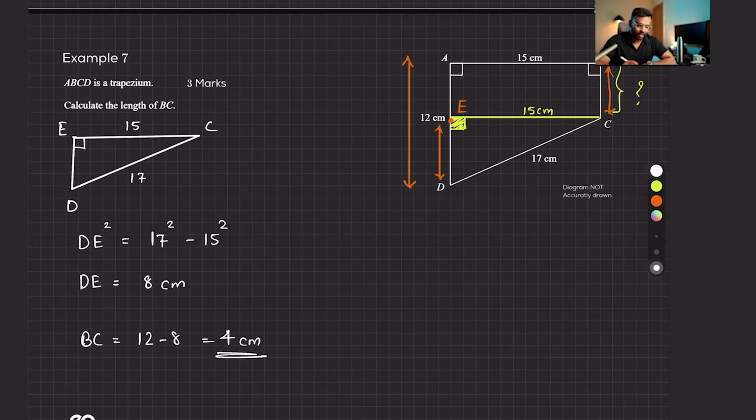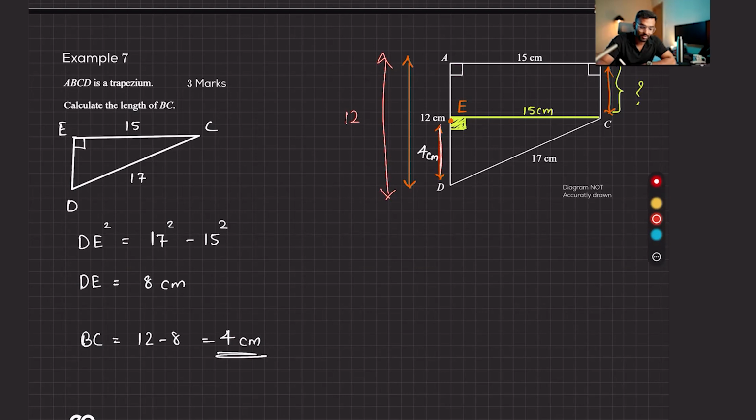Athika, where were you stuck? So what I'm trying to say here, we added this line, right? So it's the same as 15 over there. And do you see this right angle triangle? We use Pythagoras to find this little missing side, ED. Once I found that, the total is 12.